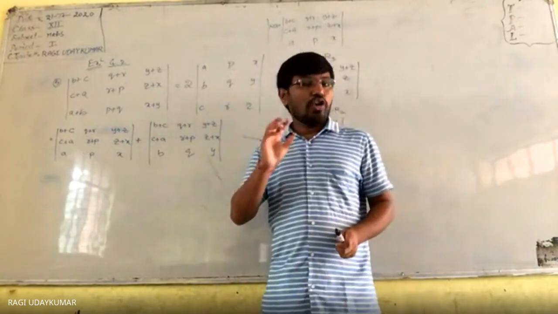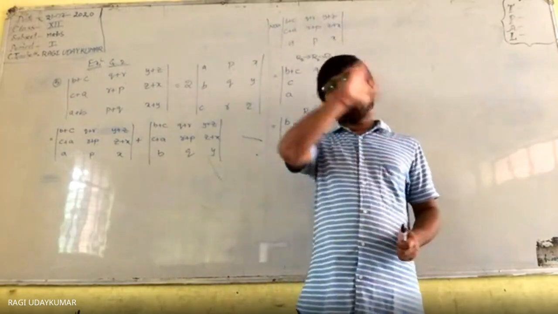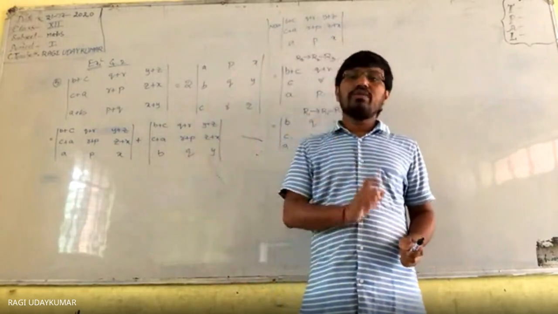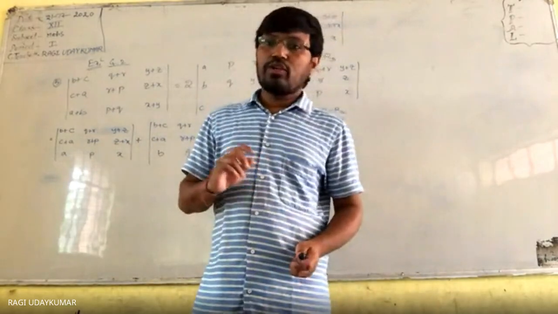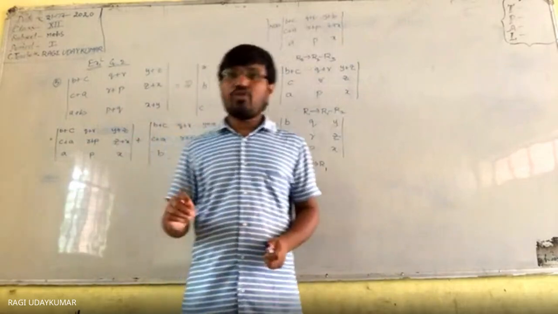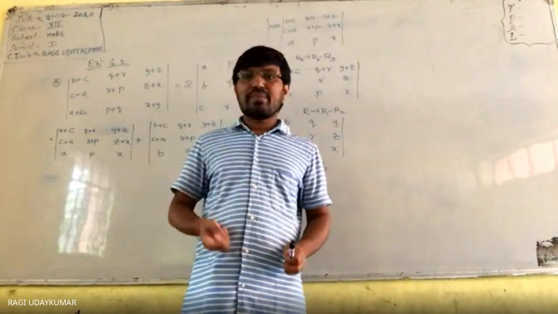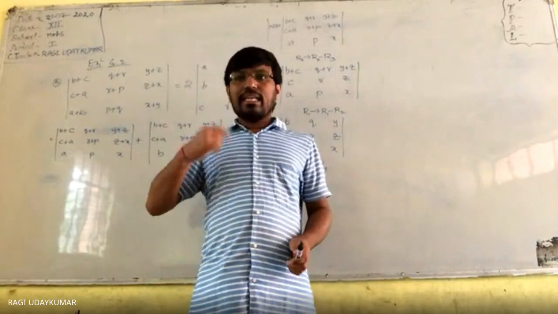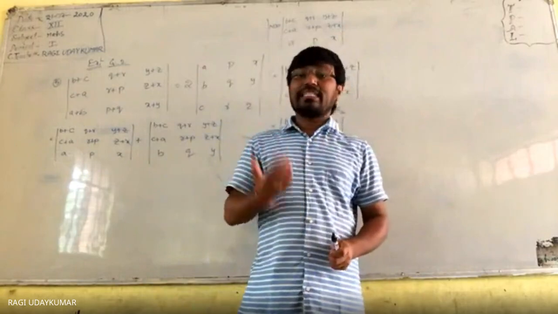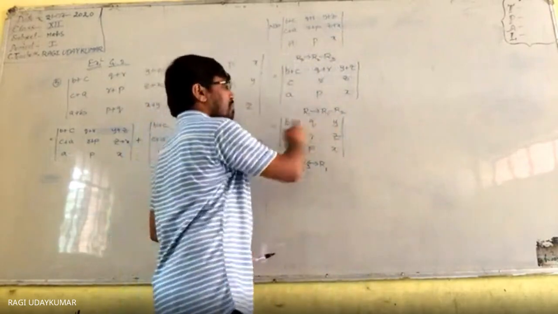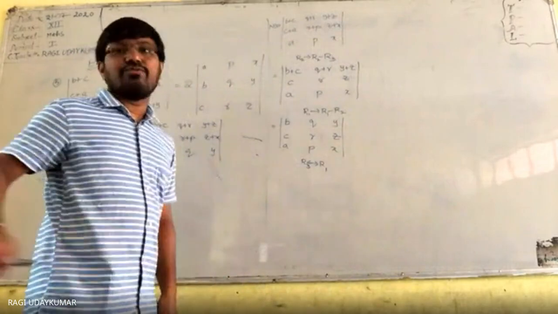Normally 2 into matrix A is nothing but the 2 should be multiplied to all the elements of the matrix. If you multiply any row by any non-zero constant, you should compulsorily divide it. So this is the fourth property.